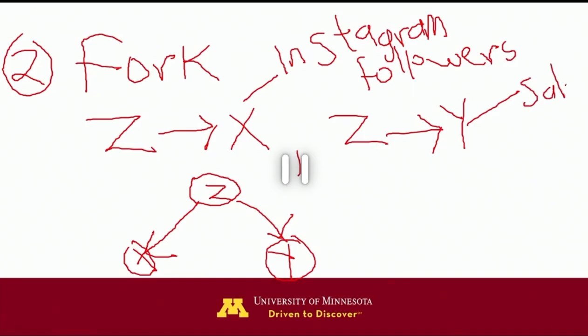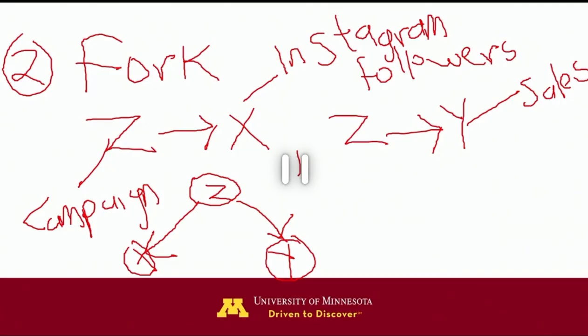Your marketing campaign is Z. The campaign can drive both your Instagram followers and the sales, right? Which means the marketing campaign here is the common cause. But you know what?